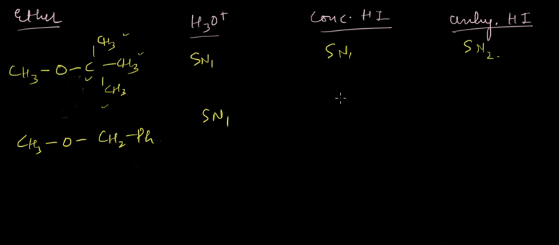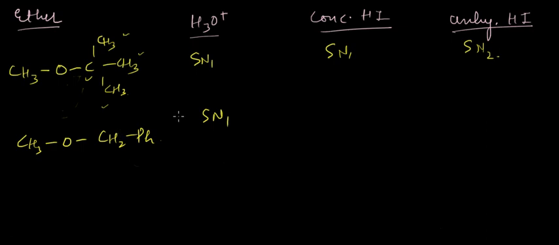What about concentrated HI? In concentrated HI as well, even if we are having a carbocation on a phenyl ring, the total aromaticity is vulnerable because of the CH2, because of the carbocation attached to it.